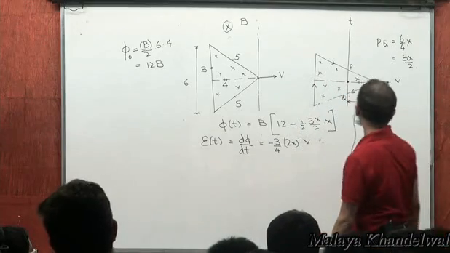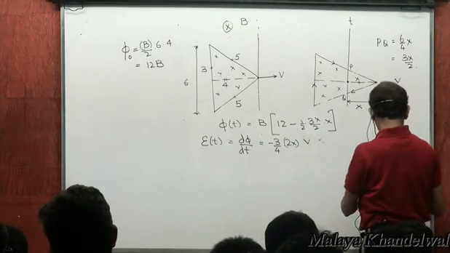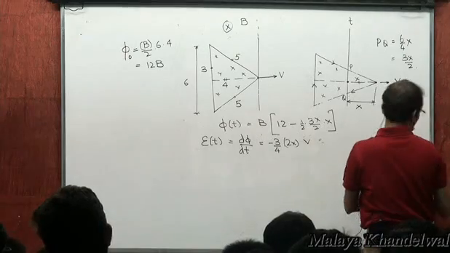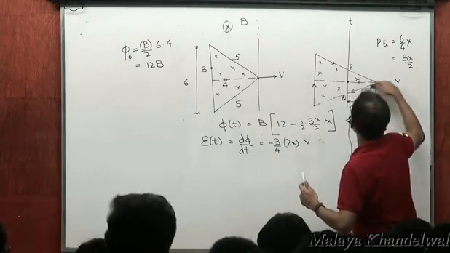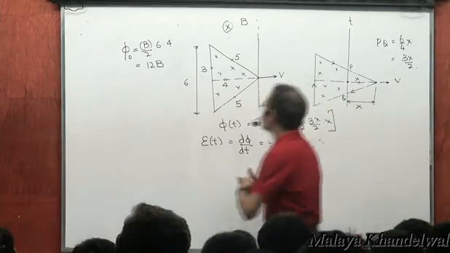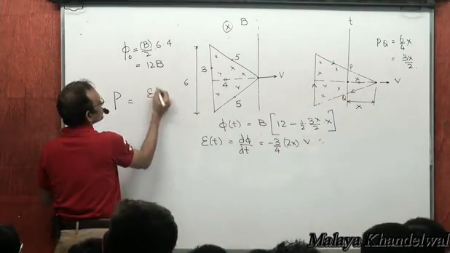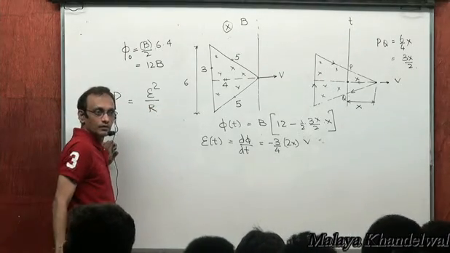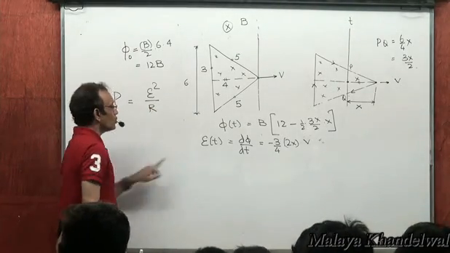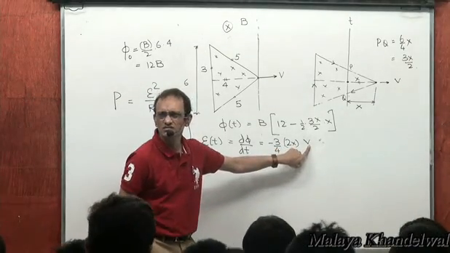Right? Now, what does the problem ask? The variation of power produced in the loop. The resistance of the loop when a current is being driven will be the same, let's say R. So the power would be epsilon squared divided by R. Right? So epsilon squared will be proportional to x squared because v squared is constant.